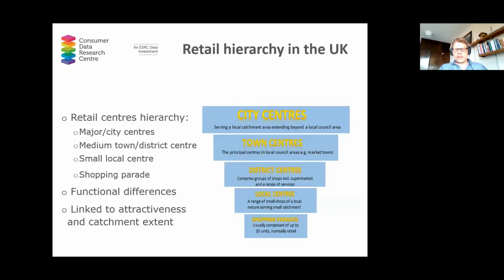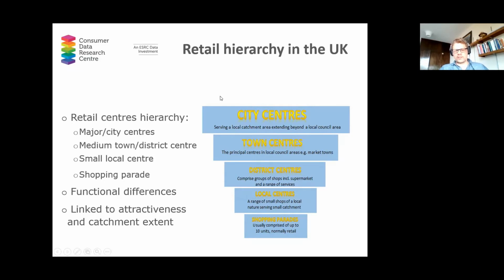Okay. Another concept related to the functional and the structural differences of UK retail centers is called retail hierarchy. The actual hierarchy has been developed by the government, and it's listed here in this upside down pyramid.